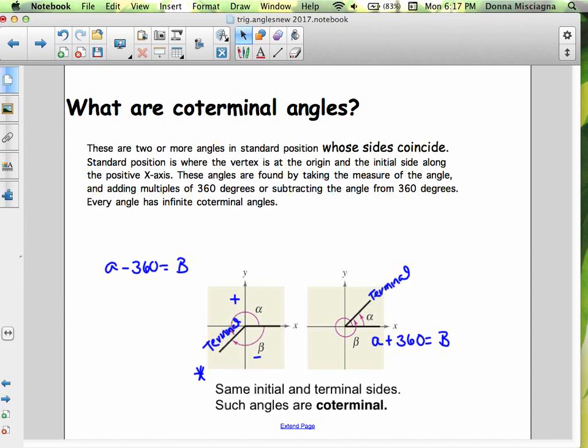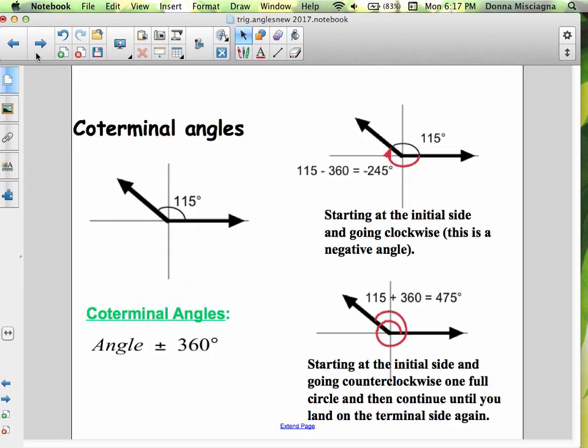Every angle has an infinite number of coterminal angles. We have lots of them. Let's take a look. For coterminal angles, we're adding or subtracting 360 degrees. That's all you have to do, and you can do it multiple times.